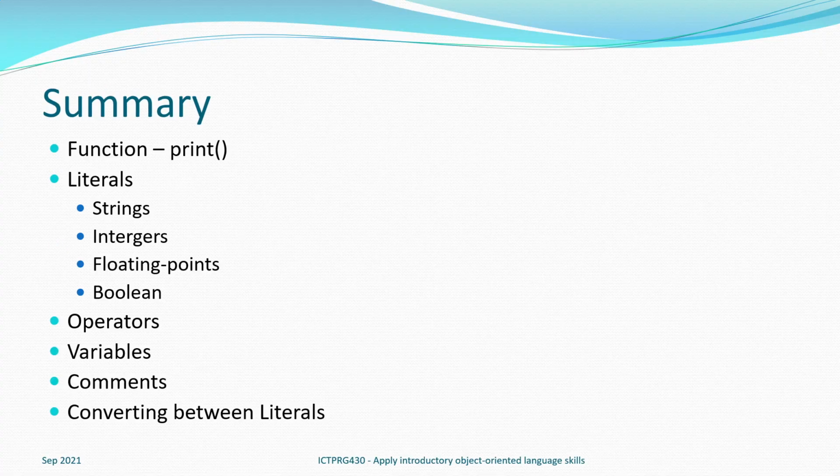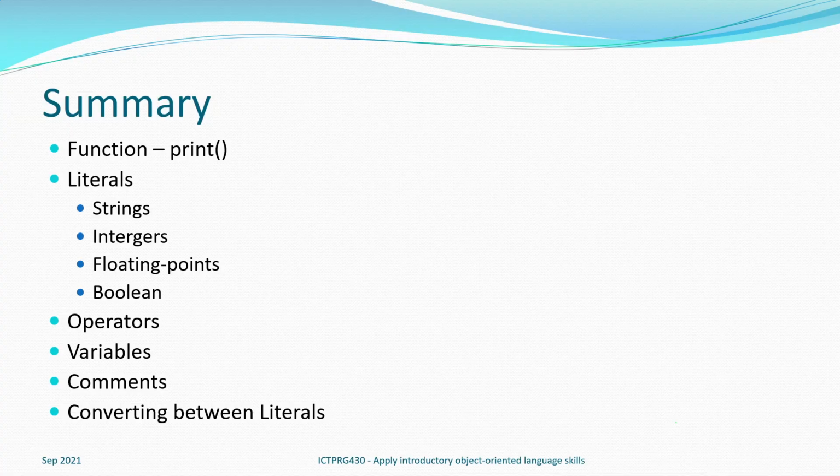So in summary, we had a look at the print functions, we had a look at what literals are, we had a look at strings, integers, floats, boolean values, looked at our common operators, defined what variables are, how to inject different values into them, and the naming conventions.